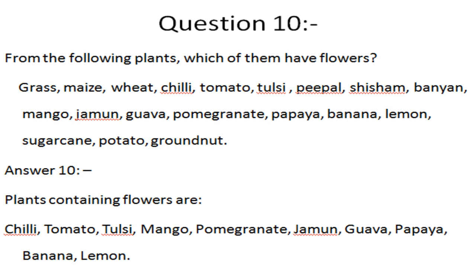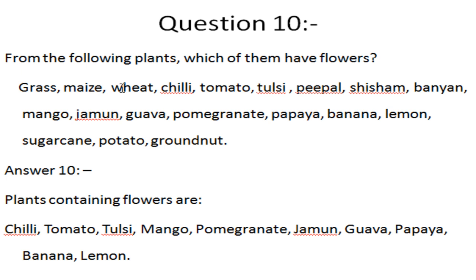Okay, our next question is question number 10. Which of the following plants would be having flowers? The names of plants are given and you have to find out which of them would have flowers.